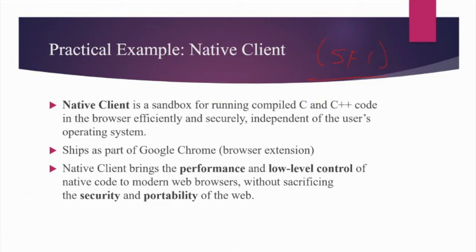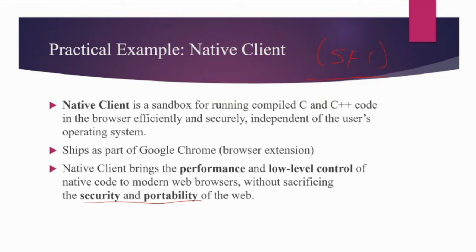Native Client is a browser extension which comes with the Google Chrome browser. Definitely, Native Client brings the performance and low level control of native code to the modern browser without sacrificing security and portability of the web. Definitely, programs written in C++ are much faster than programs written in Java or any other interpreted languages.